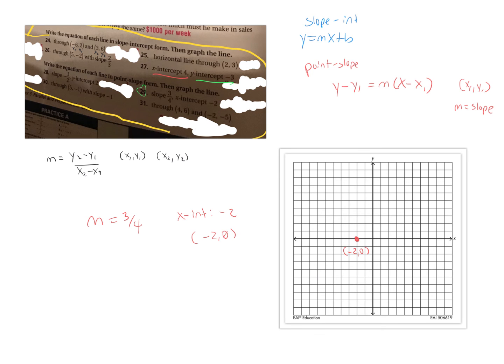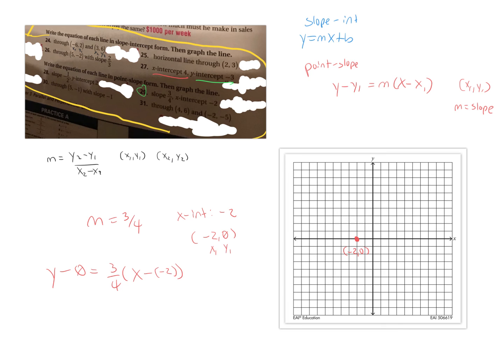Now, the reason I'm harping on this is because we need a point, right? If you're going to do the point-slope form, you're going to want a point and you're going to need the slope. Well, now we have both. So we're looking at y minus y1. We call this x1, y1, actually. So it's going to be y minus 0 equals the slope, which is 3/4 times x minus -2.